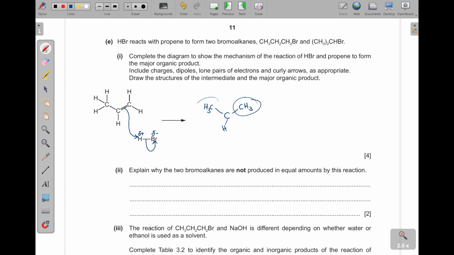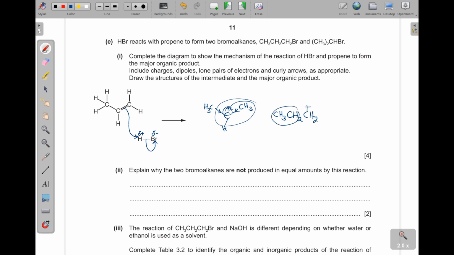Now, these are two alkyl groups here, and they have the positive inductive effect, so they tend to push electrons towards this carbon here. This carbon here is the carbocation, and in that sense this one becomes much more stable compared to when you have the CH3, then C, and this one gets the hydrogen first, then they become CH2 plus.